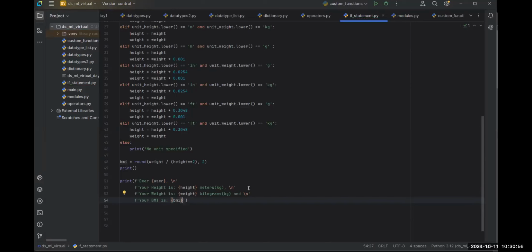It is kilogram per squared meters, or kilogram per meter squared. So this now is kilogram per squared meters. We can also put in sq, squared.